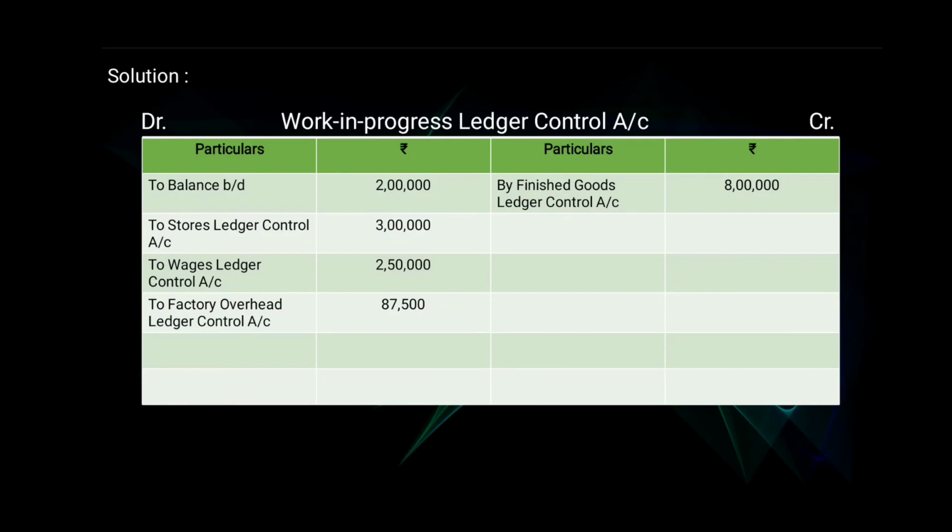Next, in work in progress ledger control account, total amount is coming as 8,37,500 on the debit and on the credit side, and the balancing amount is coming on the credit side by balance carried down. So the amount is 37,500.